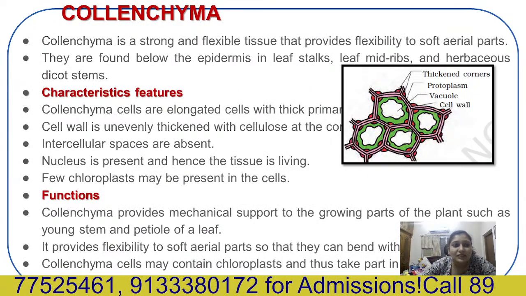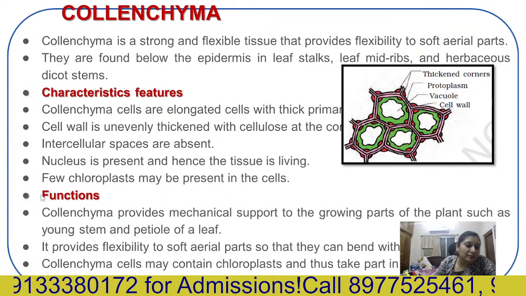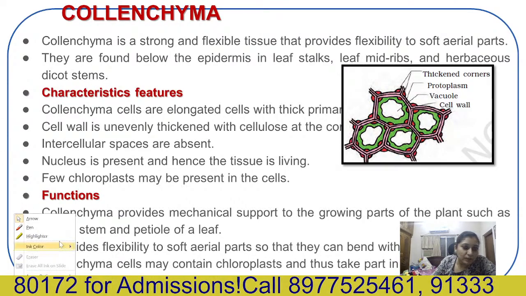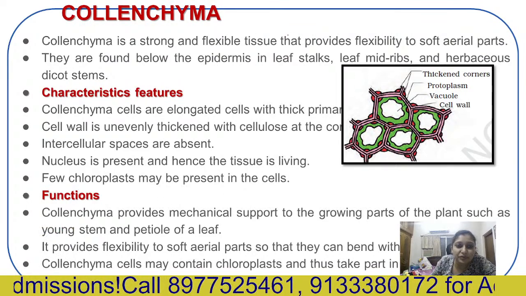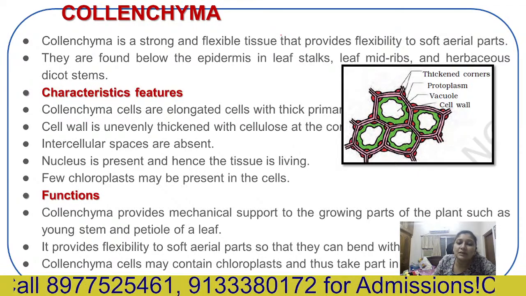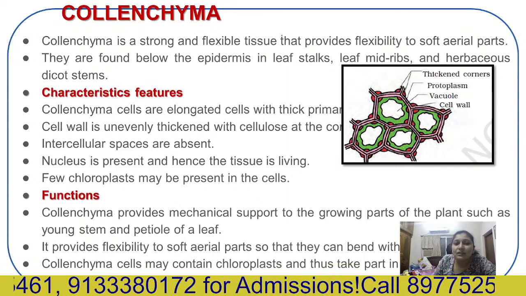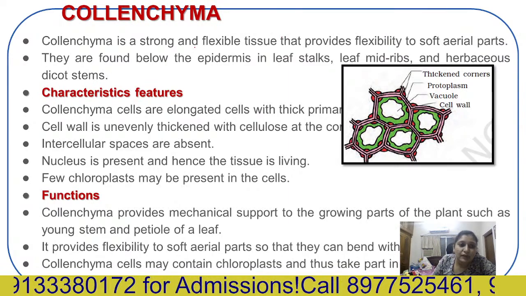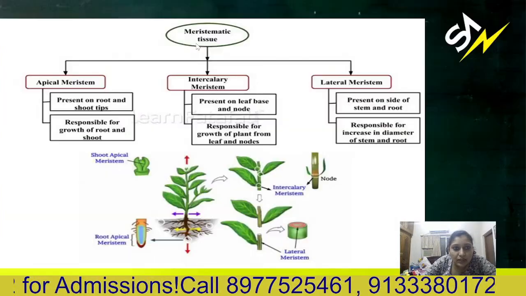In that, first it is collenchyma. See, remember, simple tissue means these are permanent tissue and all the cells have lost their capacity to divide further, and they are of similar kind. Because they are of similar kind, they are part of simple tissue. First among this, wait a second guys.